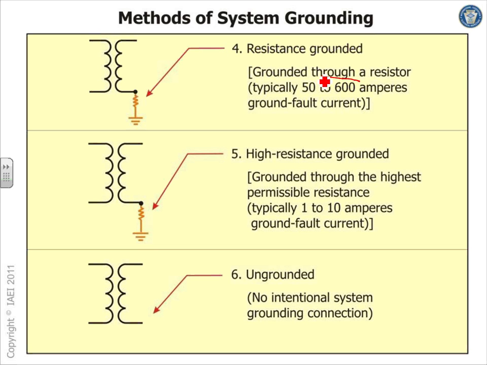You have high resistance. Look at the amps here. It can allow only up to this amount of amps to go. I'm sorry, the high resistance grounding limits the current even more. So now who cares? This is what I said, like the best of both worlds: if you have a manufacturing process and you want your process to work properly, probably the best option for you with VFDs and everything else is high impedance, or impedance grounding in general.